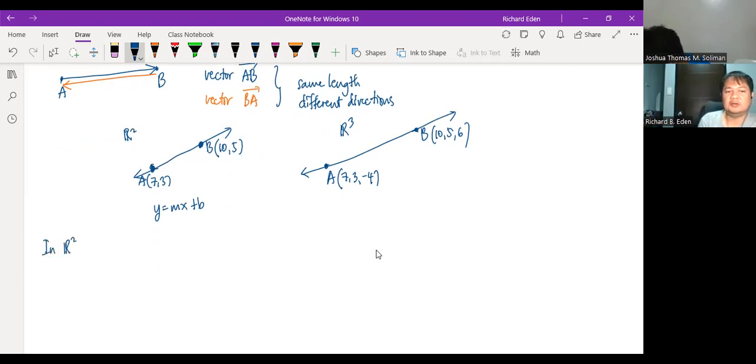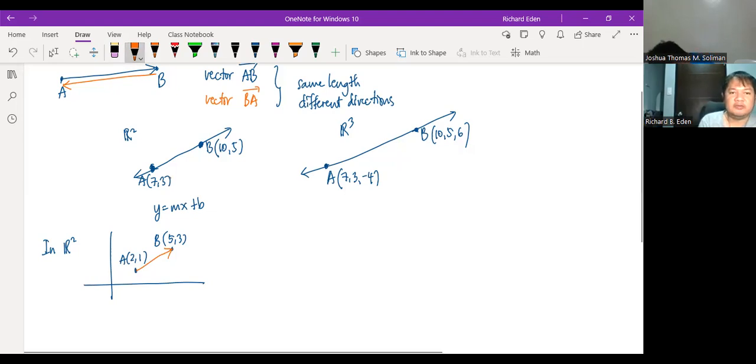Okay, so in the plane R2, let's say you have these two points, (2, 1) and (5, 3). These are A and B. Now, I'm drawing here the vector AB.